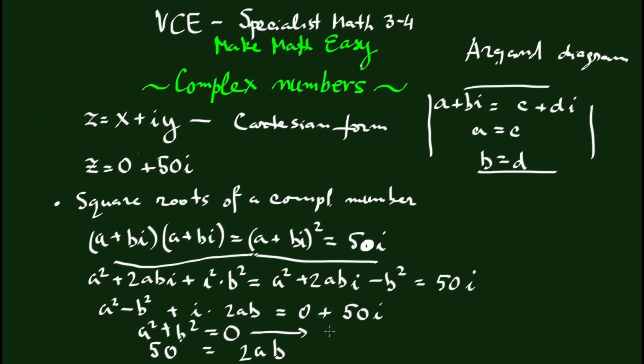So from here you have a squared minus b squared equals 0, so a squared equals b squared, and from here you have ab equals 25.